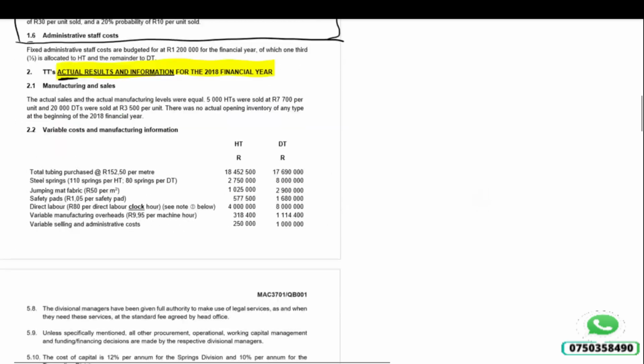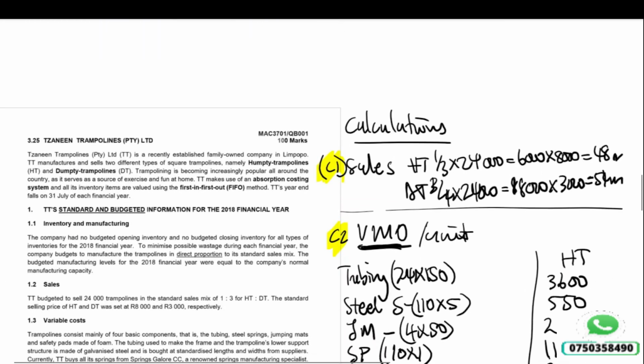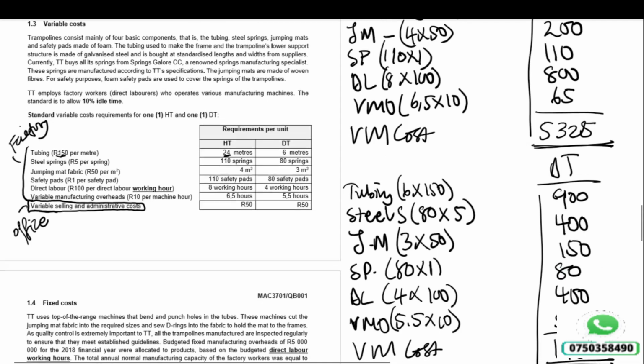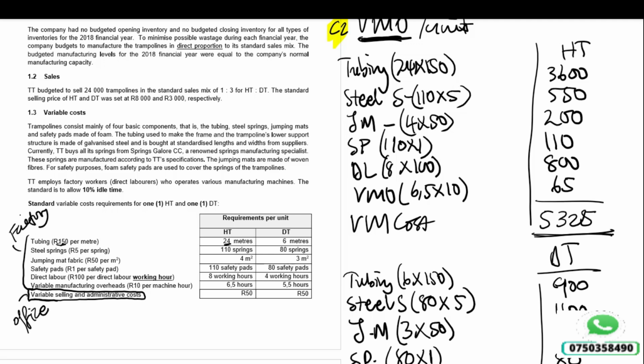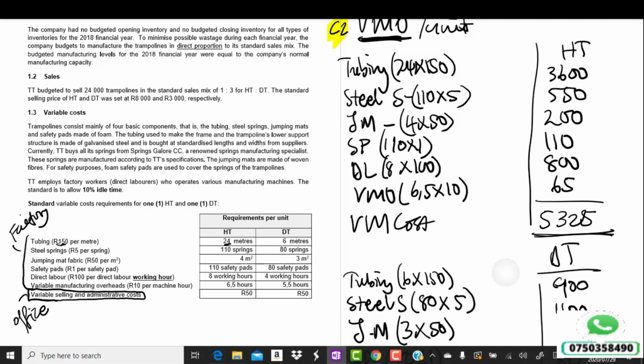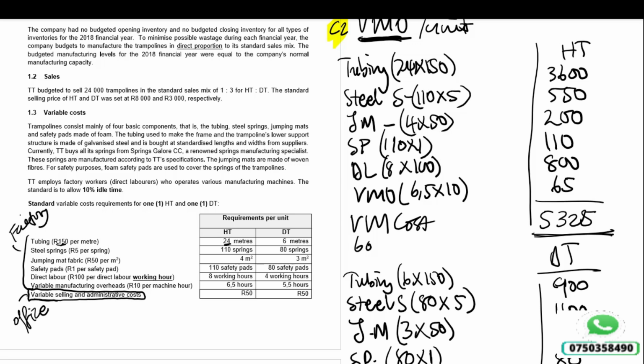So if you look at these amounts here, we said for this one now it's 5,325 for HT. But how many units of HT did we produce? We produced 6,000. So now I need to get the total for HT, equals 6,000 units. Remember the 6,000 units that we said are going to be manufactured, right? 6,000 units multiplied by 5,325, right?